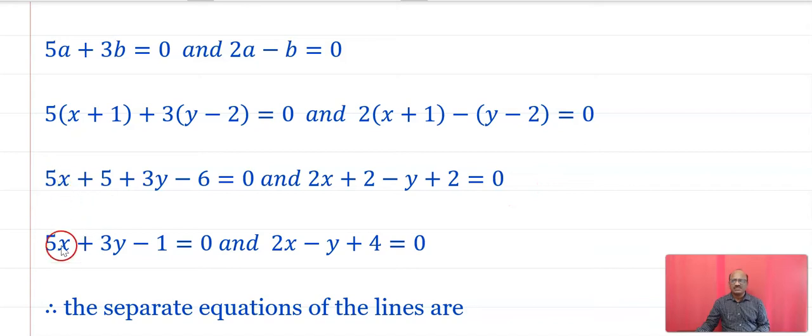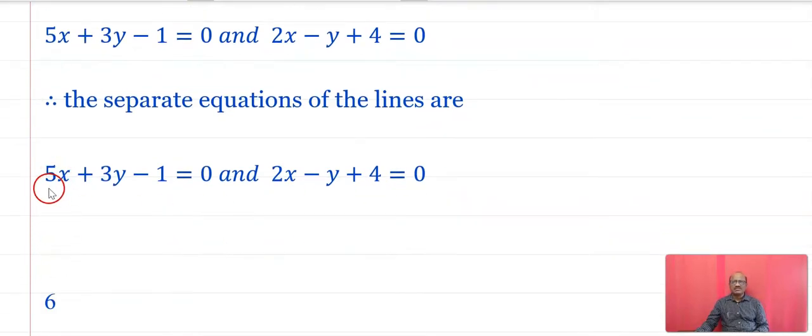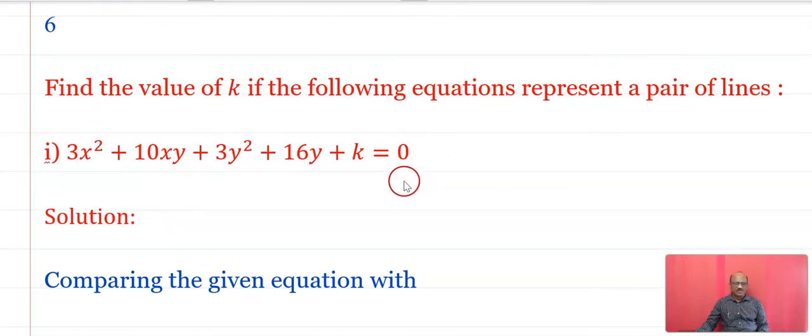Again simplification, 5x plus 3y minus 1 is equals to 0. 2x minus y plus 2 that will become 4. And hence these are the separate equations. What is the final answer? That is 5x plus 3y minus 1 is equals to 0 and 2x minus y plus 4 is equals to 0. Now the next problem.